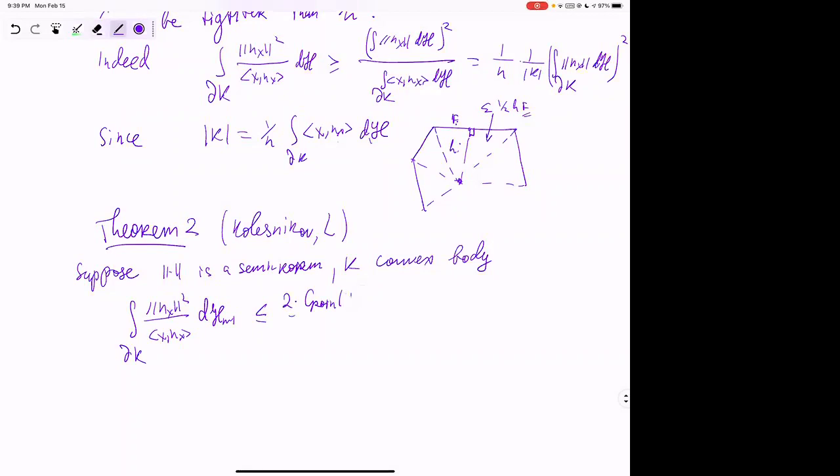In fact, I can put the infimum over volume preserving linear transformations of 2 times the Poincare constant of TK divided by the inradius of TK, and the left-hand side.